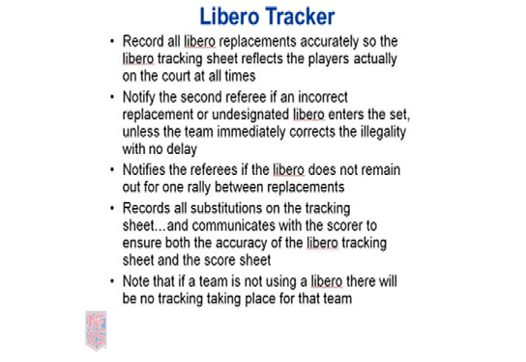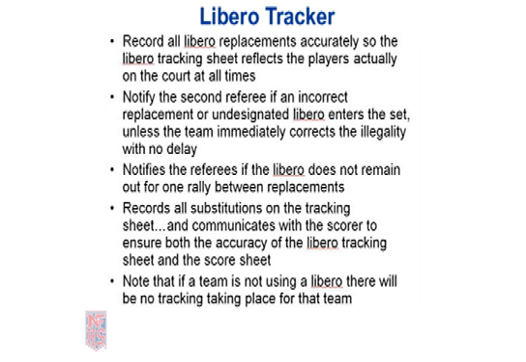During the match, the Libero tracker will record all Libero replacements accurately so the Libero tracking sheet reflects the players actually on the court at all times. Notify the second referee if an incorrect replacement or undesignated Libero enters the set, unless the team immediately corrects the illegality with no delay.